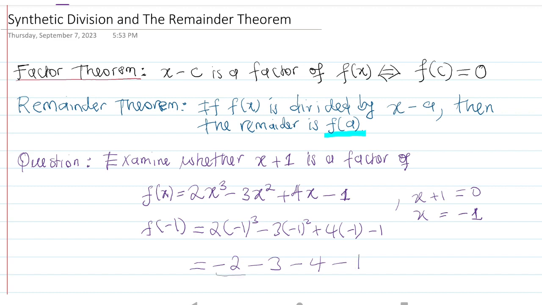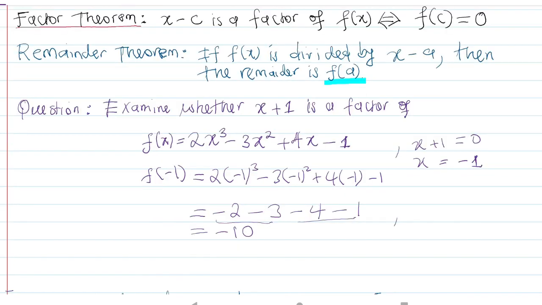So you can see this is negative 5, this is negative 5. So this gives negative 10. We can say since f at negative 1 is equal to negative 10, which is not equal to 0, therefore x plus 1 is not a factor of f of x.